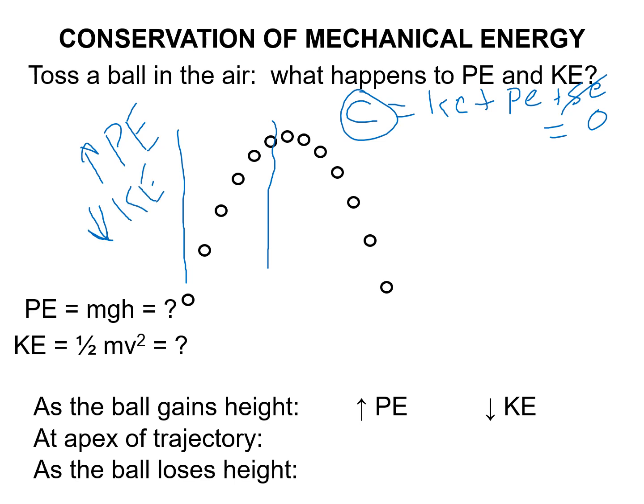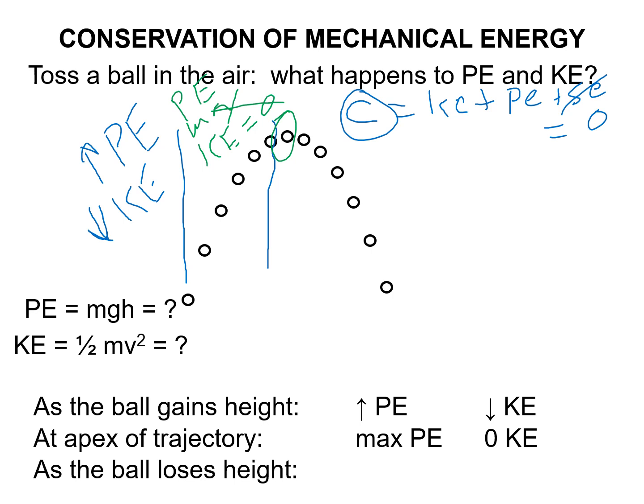At the very apex of the trajectory, you have maximum potential energy, but zero kinetic energy. So potential energy is at max, and kinetic energy is at zero.